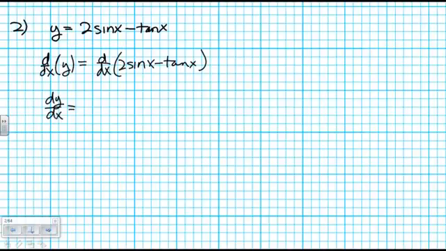The right-hand side derivative could be thought of as 2 times the derivative of sine x minus the derivative of tangent x. This is 2 times the derivative of sine, which is cosine, minus the derivative of tangent, which is secant squared.